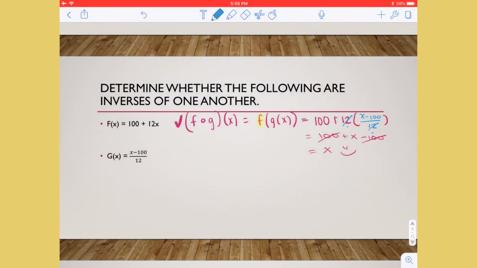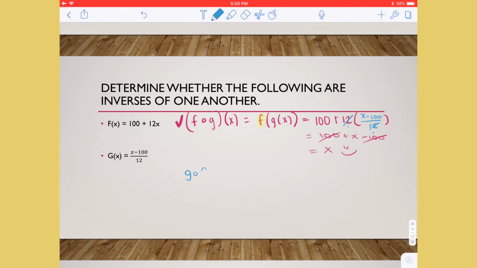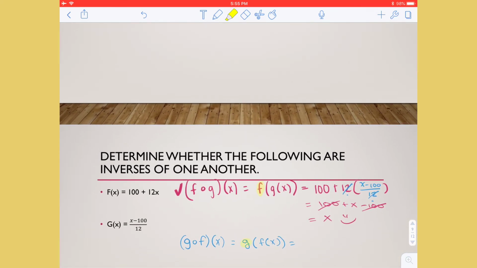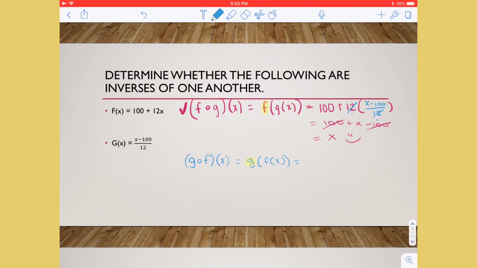So that's good news. So now I'm going to check g composite f of x. I'm going to do the same thing and hope that it also gives me x. So this is the same thing as g of f of x. And again, because g is my outside function, I'm going to utilize that function first. So x minus 100 all divided by 12.